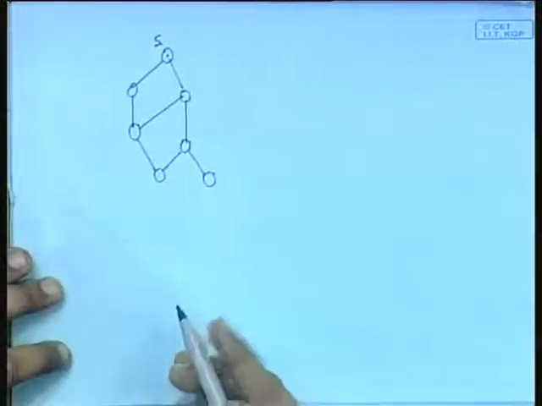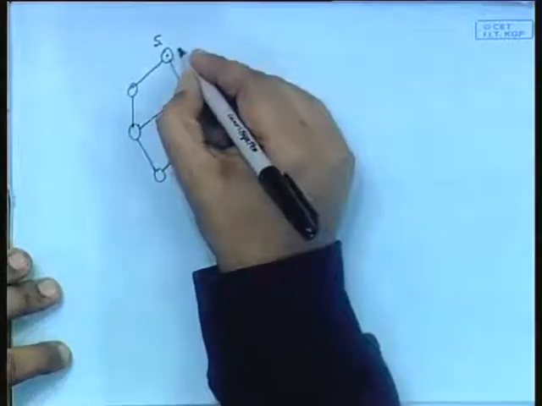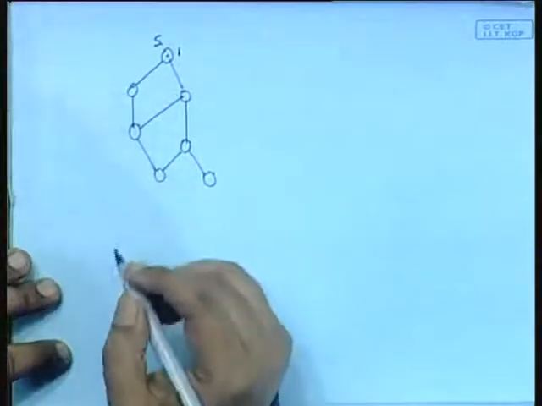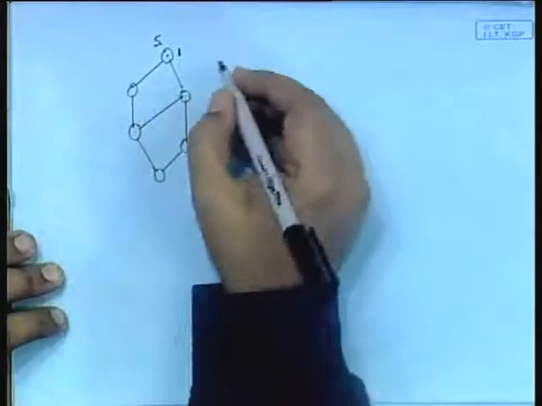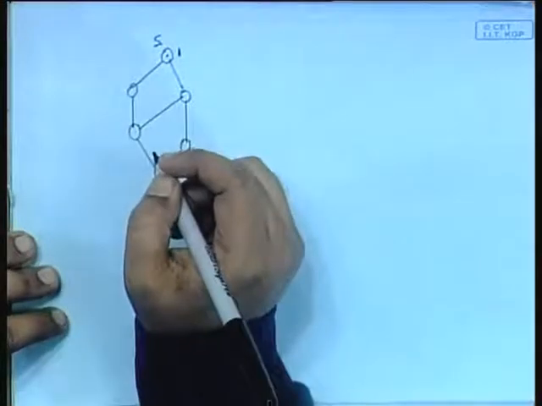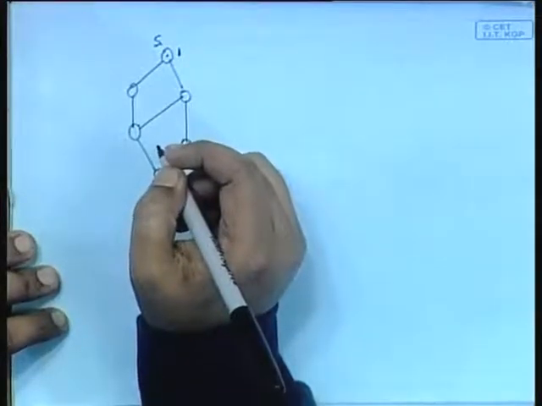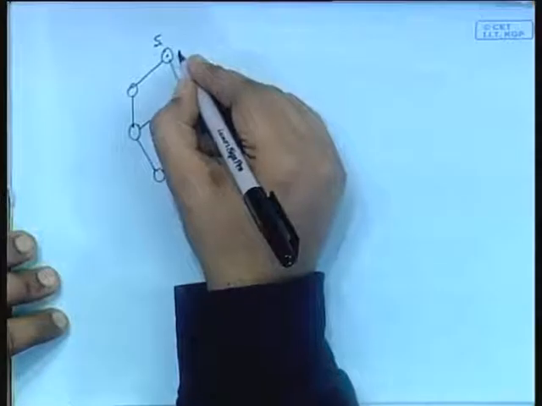So, what you can do, first you can level the nodes, meaning the depth of the nodes. Okay. So, this is one. This you can say 0.